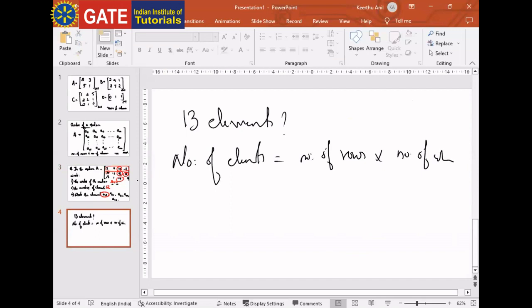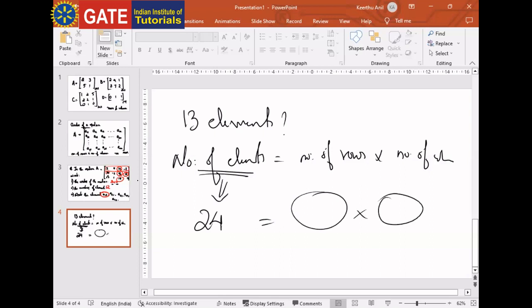In the question, it is given that there are 24 elements. So the number of elements is already given as how much? 24. Now, what are the possible cases of rows and columns for 24? You can have many different options, right? You can have one option as 24 and 1. Again, in the reverse also, we can have 1 and 24.